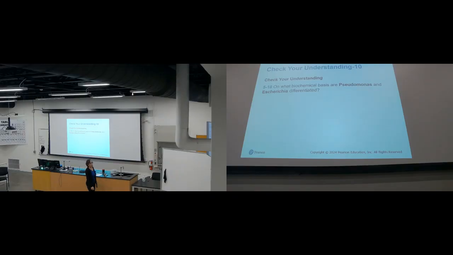So what is the test that you use to differentiate Pseudomonas from E. coli? Mannitol fermentation, cytochrome C oxidase, the oxidase test. So this one is oxidase positive, this one is oxidase negative.